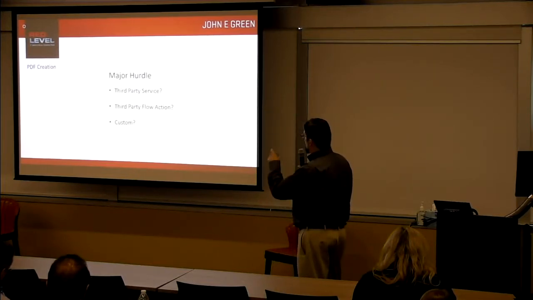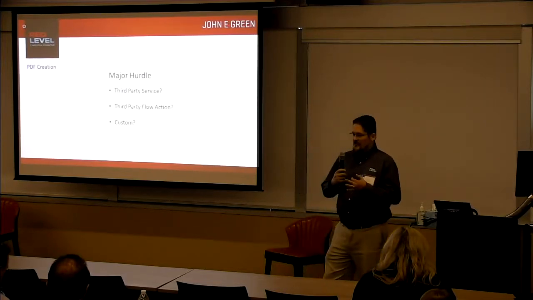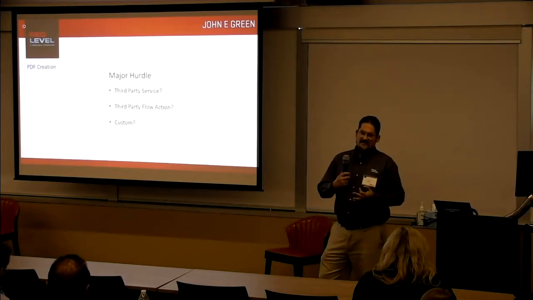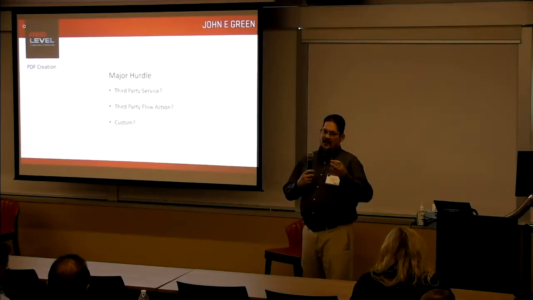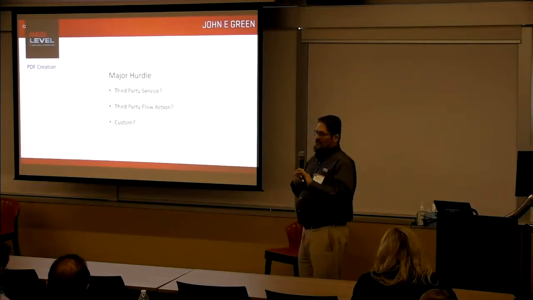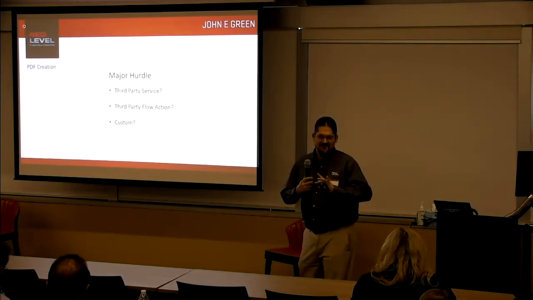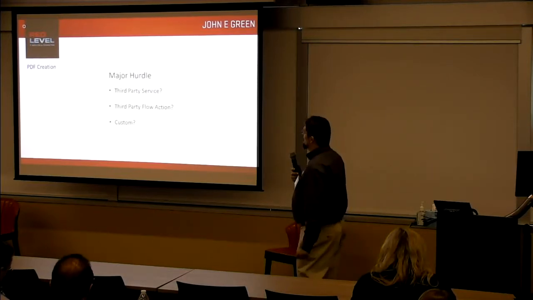Again, I believe that third-party flow action they were looking at was like $5,000 a year, which they didn't want to pay yearly when they could go the custom route and have it created once at a one-time cost, maybe a little more than $5,000, but in the end, you're not paying that constantly recurring.